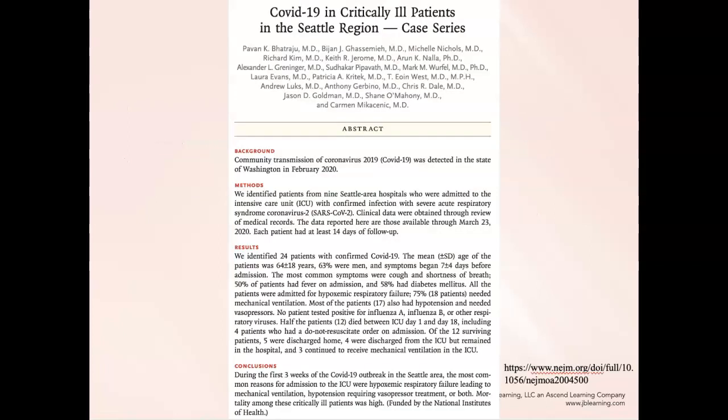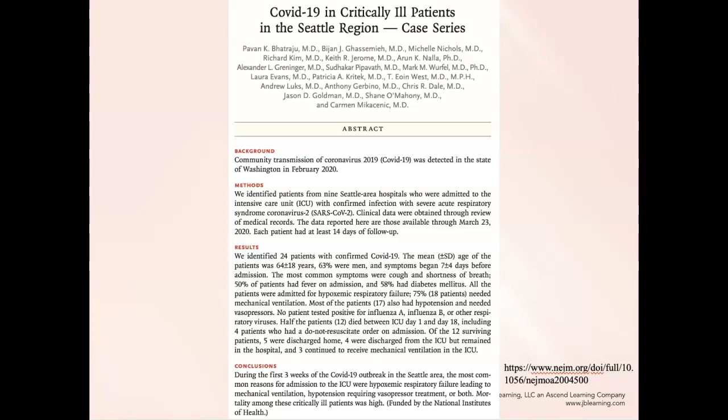To make this a little more relevant to public health, I have included a screenshot of a case series that was published early on in the COVID pandemic. If some of you remember, we had a large outbreak in the Seattle region early in 2020, and this was documented and published in this case series.